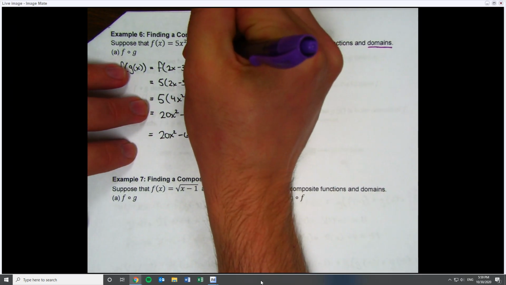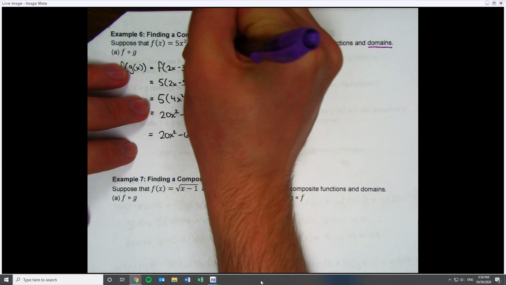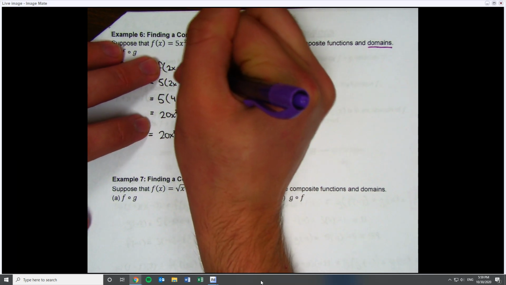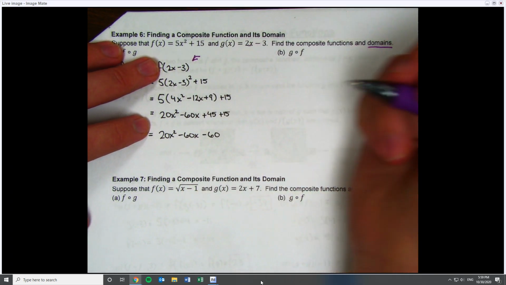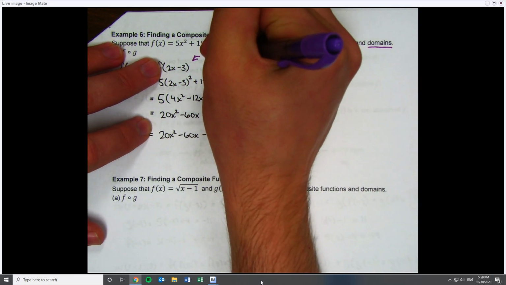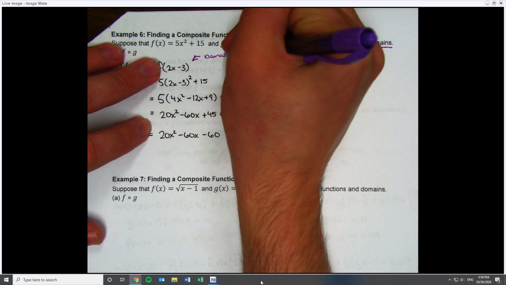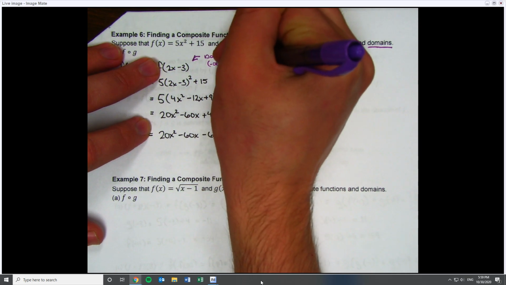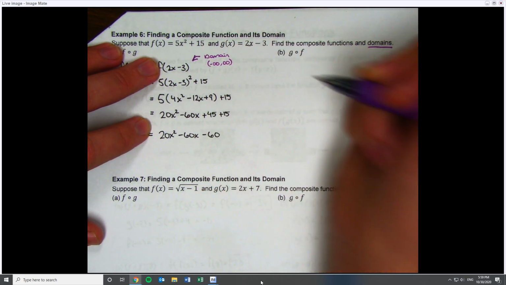So looking at this step right here on the inside, I see I can use every single x value possible. I don't have any square roots. I don't have any fractions. So the domain there is negative infinity to positive infinity, or all real numbers.